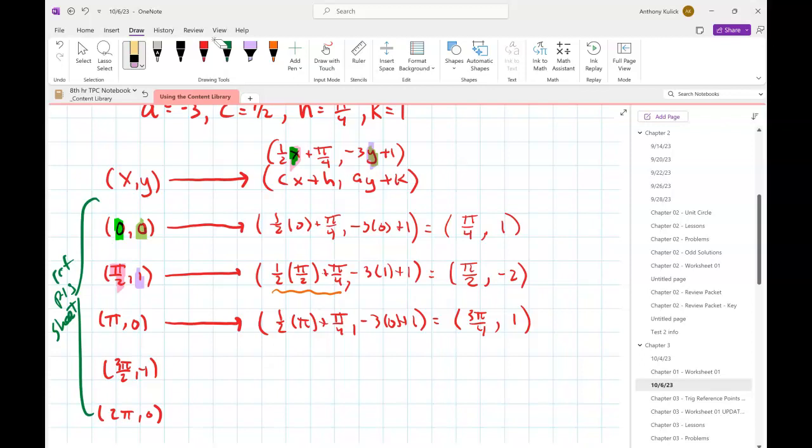You know what I'm saying? I don't want you to get these wrong because you're adding fractions wrong. I want you to get it wrong because you didn't understand what we're supposed to be doing. Okay?